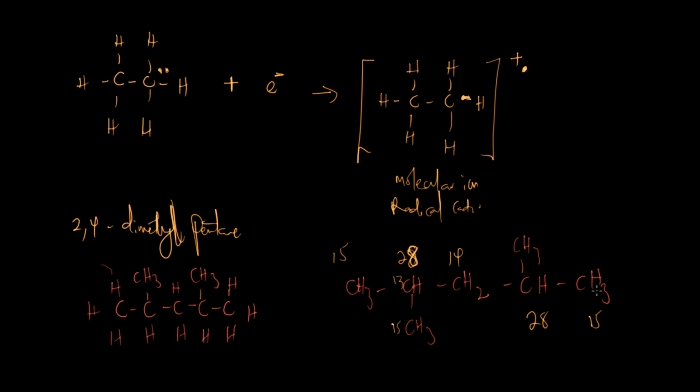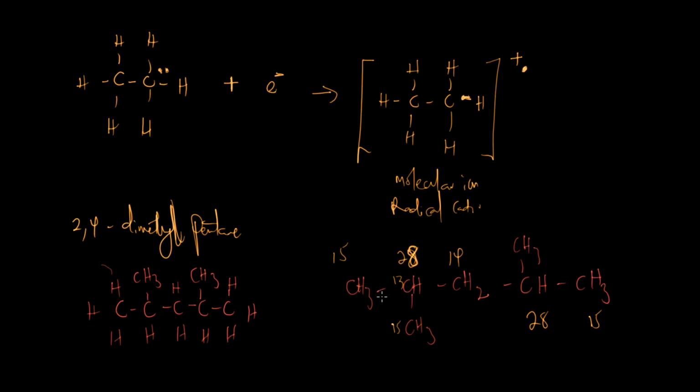So let me punch my calculator. When we add everything together, hold on, I'm trying to punch it in the calculator. So we have 15 plus 28 plus 15 plus 14 plus 28 plus 15.